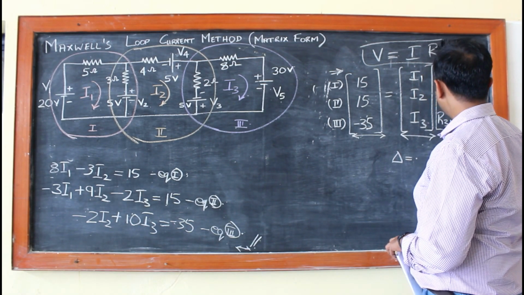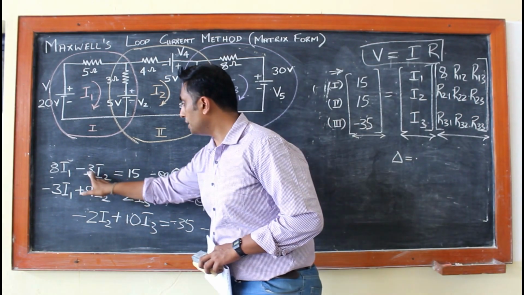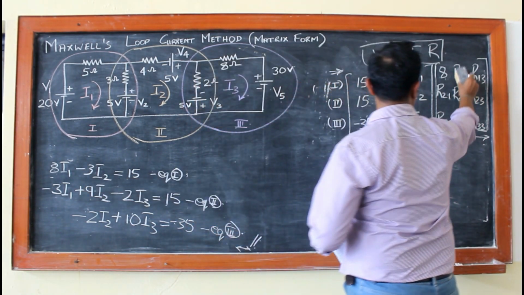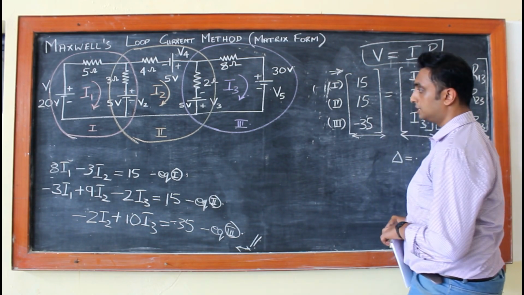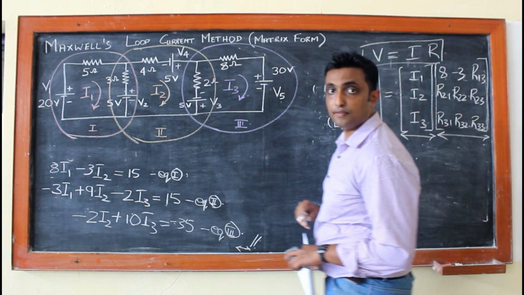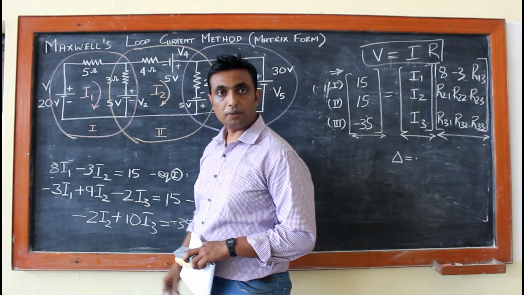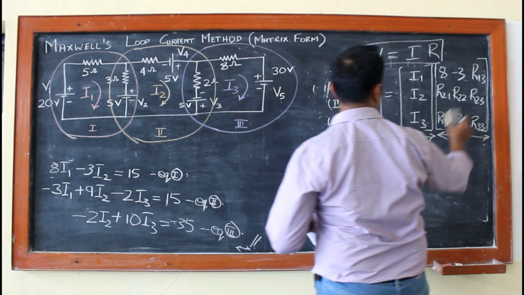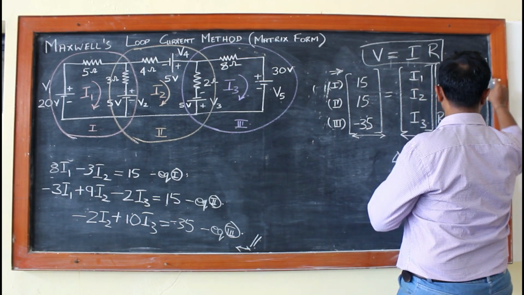In the same way, R12 represents I2. I2 is minus 3, so I'll write the value of minus 3 here. And now R13 will represent the resistance value of I3. But I3 is not present, so definitely the resistance value of I3 will be 0.